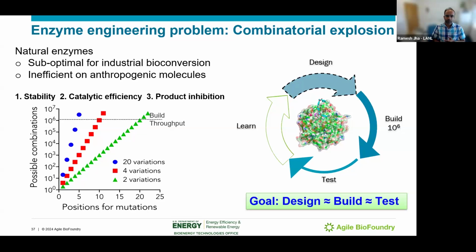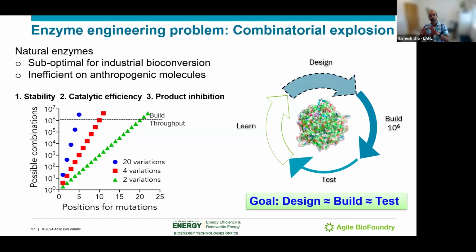And any method, be it saturation mutagenesis, which is completely irrational, semi-rational, or even rational approaches, does not give you enough liberty to have a very small number of designs if you want to improve that enzyme. And very soon, due to the combinatorial problem, you hit millions of variants which need to be tested.